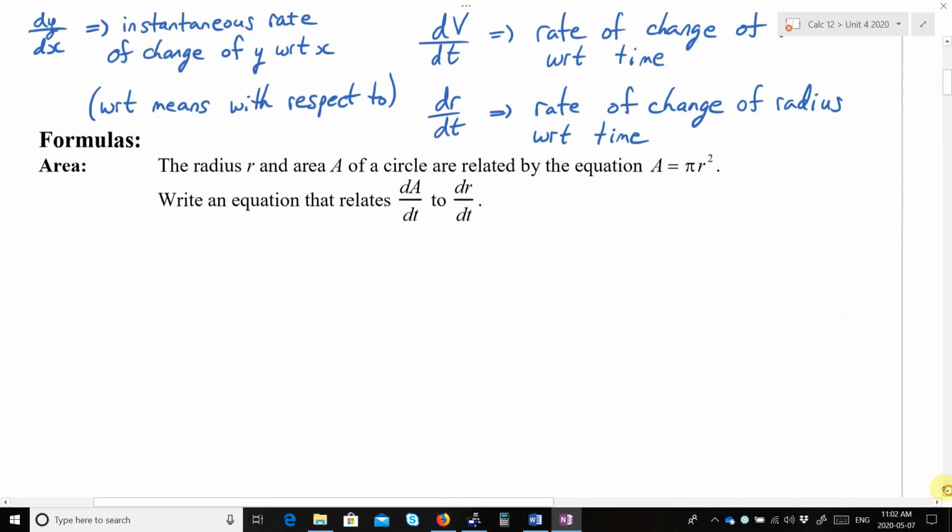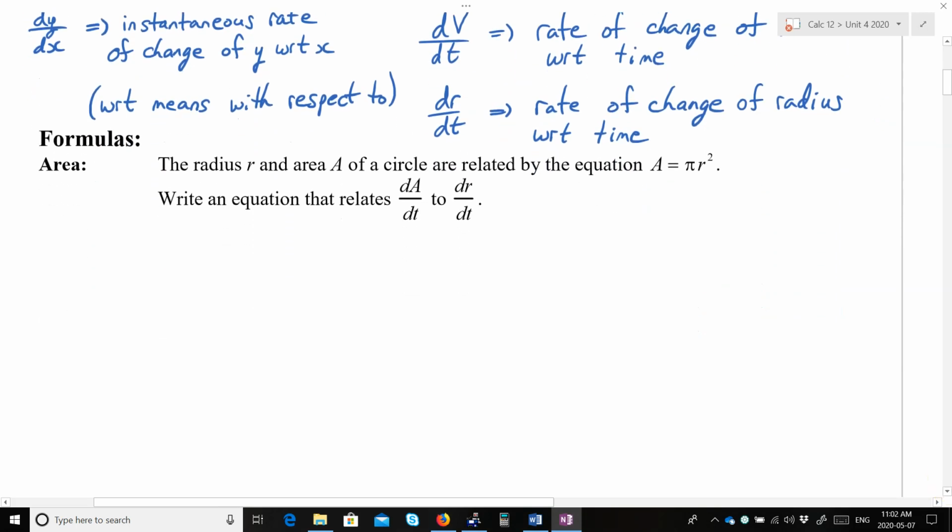Okay, so let's look at some formulas. Area. The radius r and area A of a circle are related by the equation A equals pi r squared. That's the area of a circle. We are going to write an equation that relates dA dt to dr dt. Okay, so we start with area equals pi r squared.